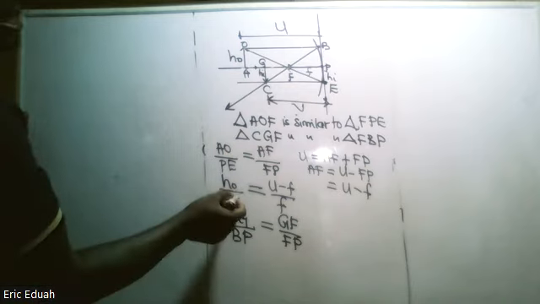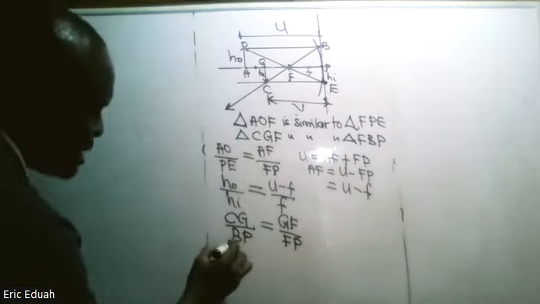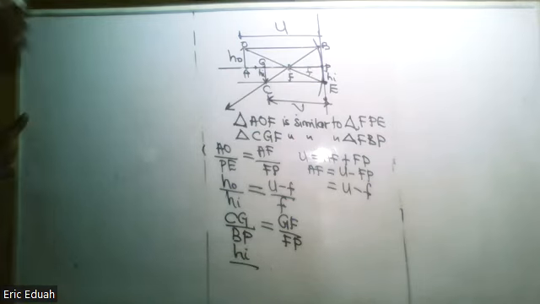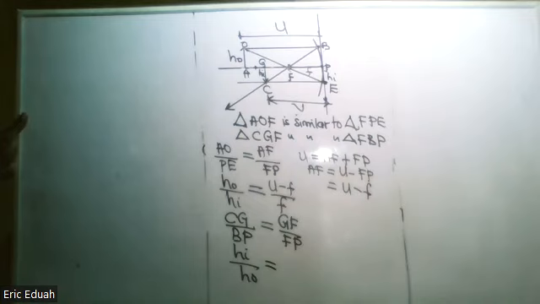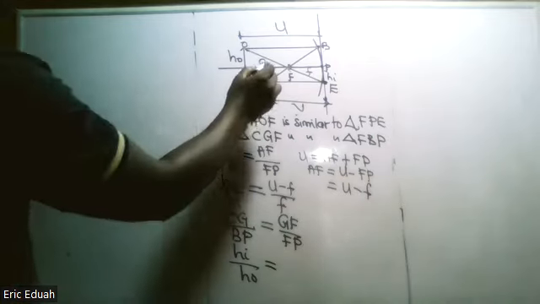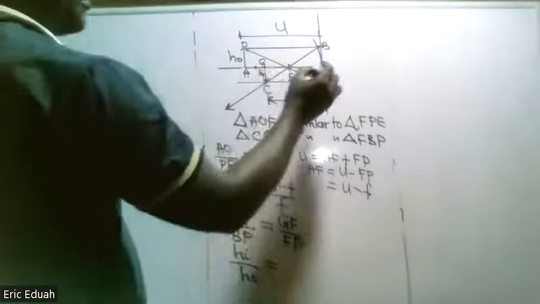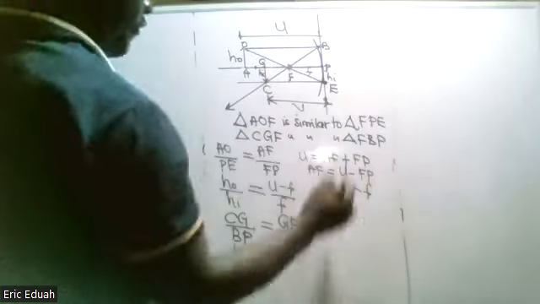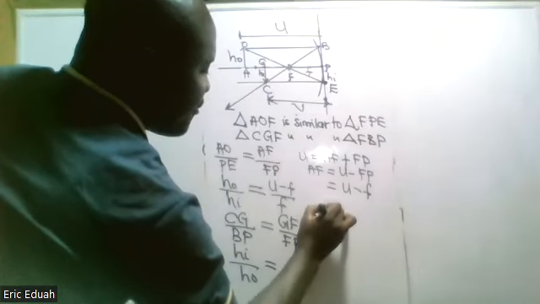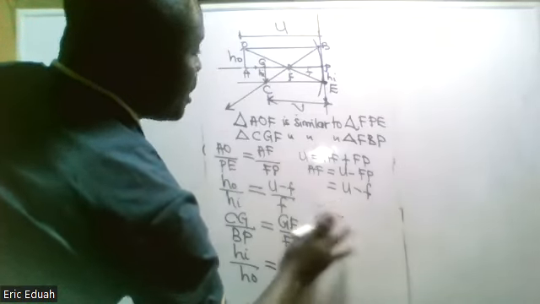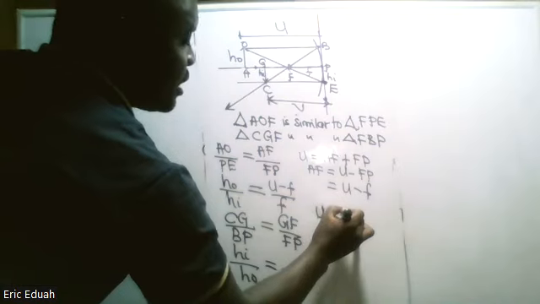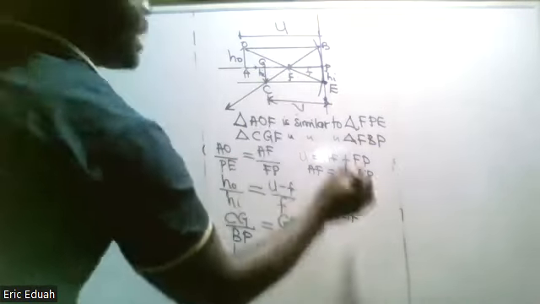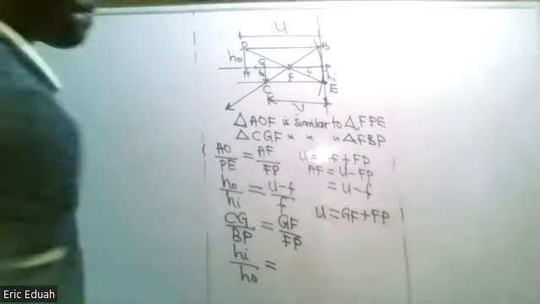Now, what is CJ? CJ is the image height, HI, over BP is the object height, HO, is equal to JF. JF, we don't know, but here too, we know that U, which is OB, U is equal to JF plus FP.